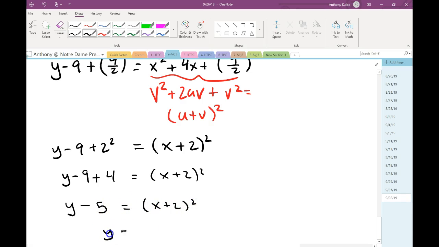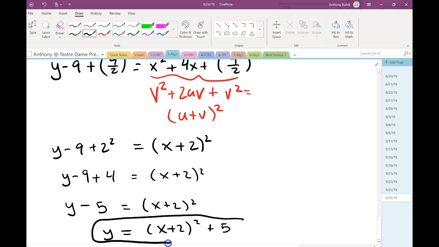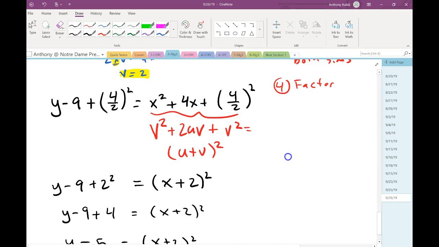And if I add the 5 over, I have vertex form. So that last step would be just getting the y by itself again.